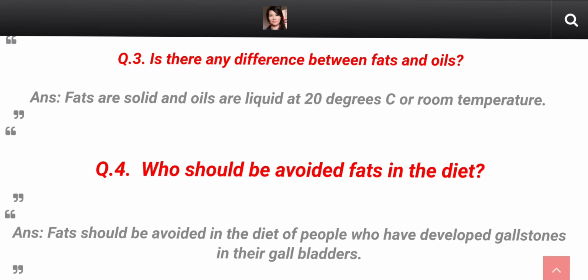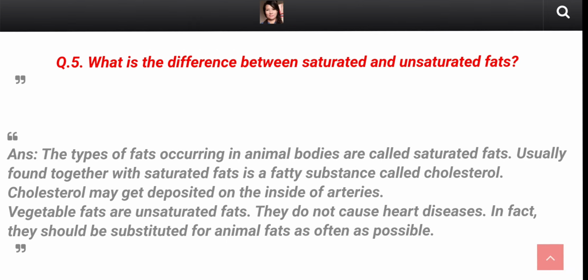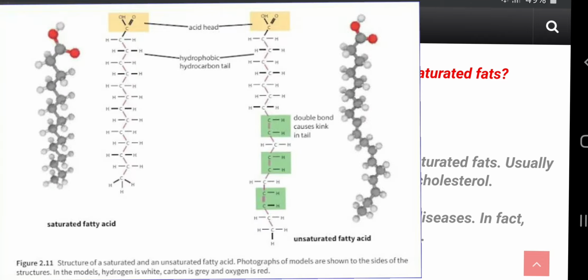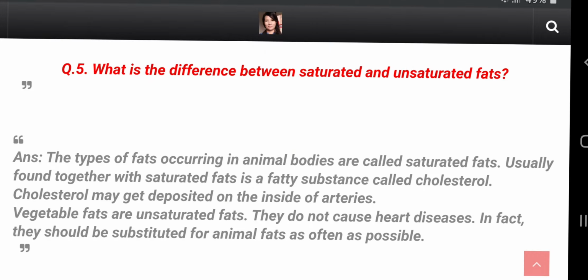What is the difference between saturated and unsaturated fats? The type of fats occurring in animal bodies are called saturated fats, and usually found together with saturated fat is a fatty substance called what? That is cholesterol.